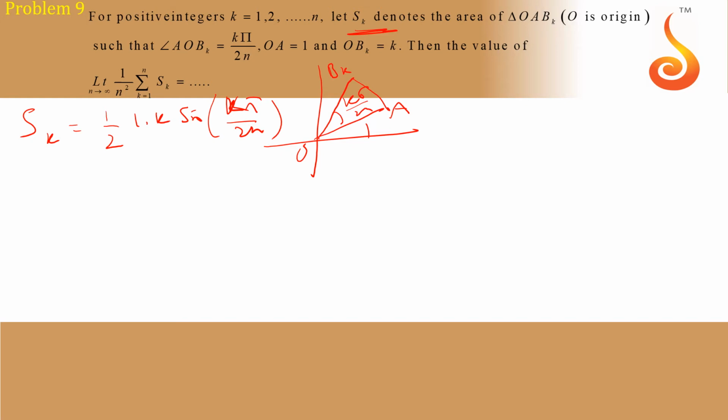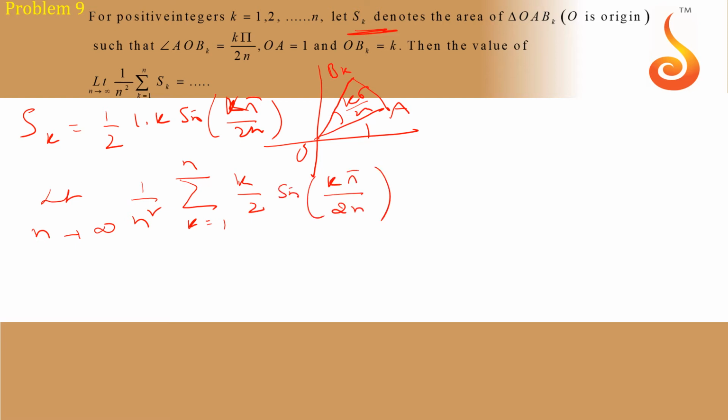Now the question which we are asking is limit n tends to infinity 1 by n square summation of k equal to 1 to n. What is S_k we got? k by 2 sine of k pi by 2n. Now observe carefully. Now how do we convert this?